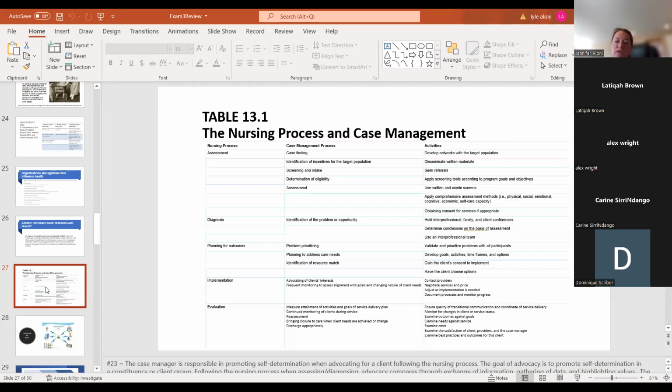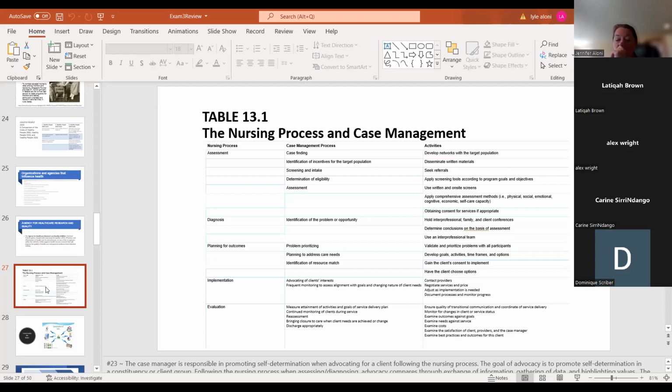We're gonna look at screenings, assessment methods, and then we do our diagnosis. We're gonna identify our problems. We're gonna determine how our assessment was conducted, plan for outcomes, implement, and educate. Your ADPI is going to be seen throughout your test. Any questions on nursing process and case management?